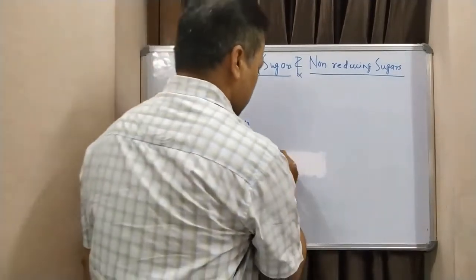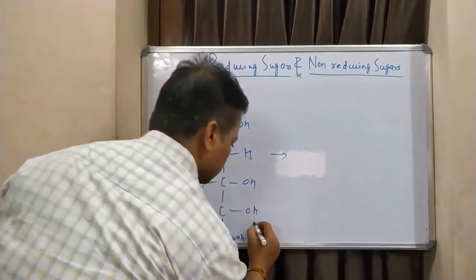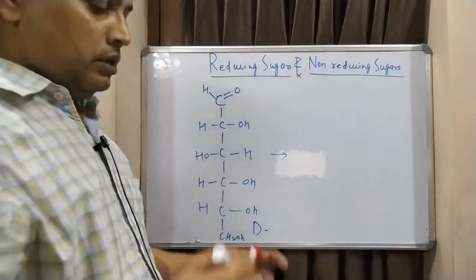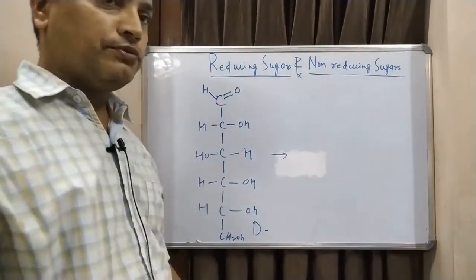This is the glucose molecule. We call it D-glucose. This is the D form of glucose. This is the open chain of glucose. Now it goes to the cyclic form.